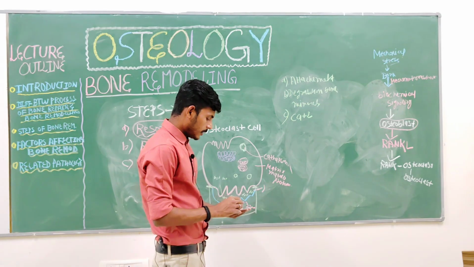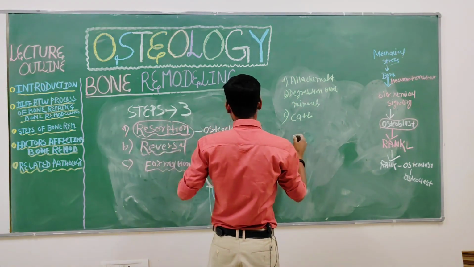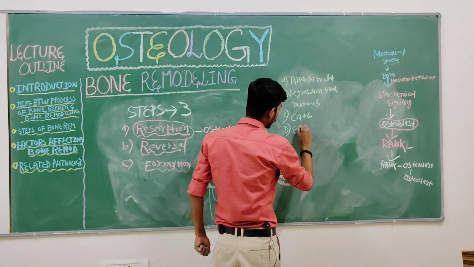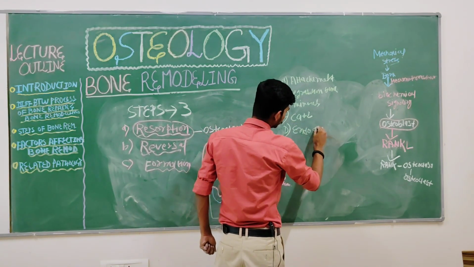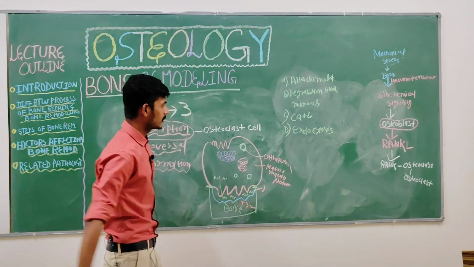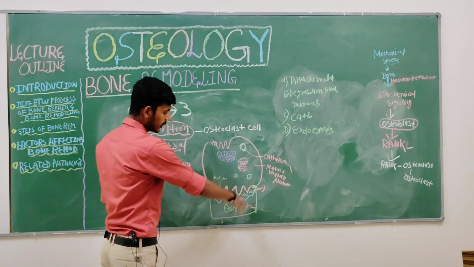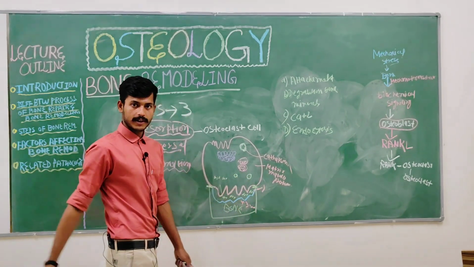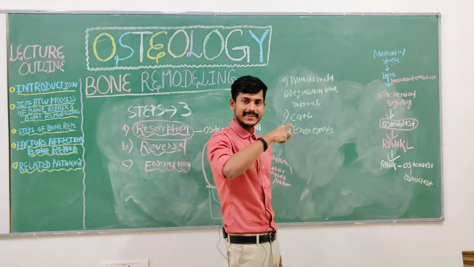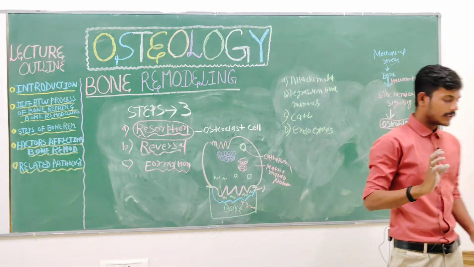Now the last step in bone resorption is endocytosis. The osteoclasts engulf those debris, those residual parts of the bone, and they internalize them. That's called endocytosis.